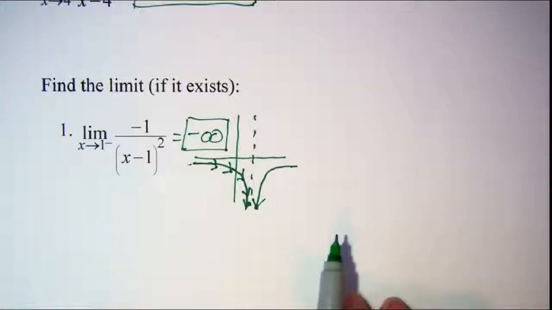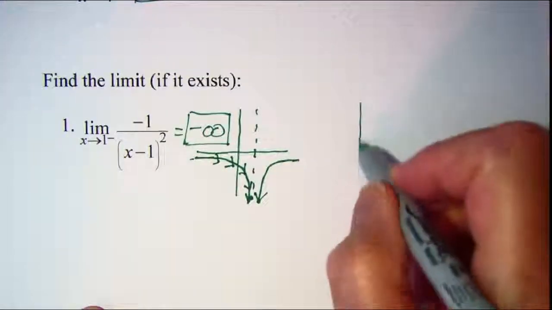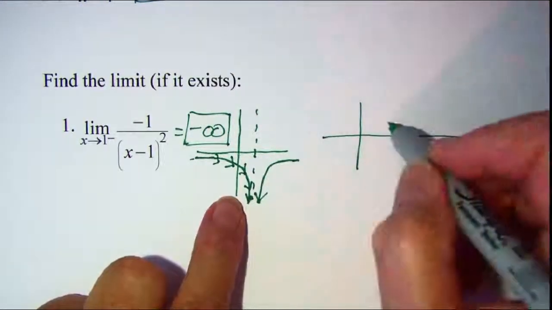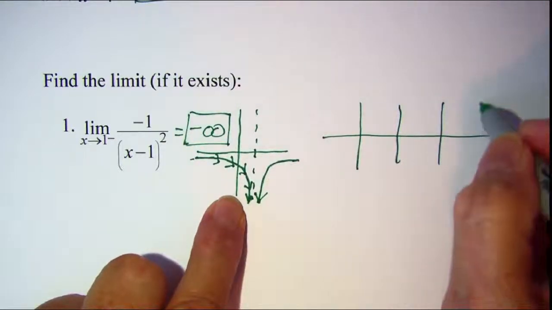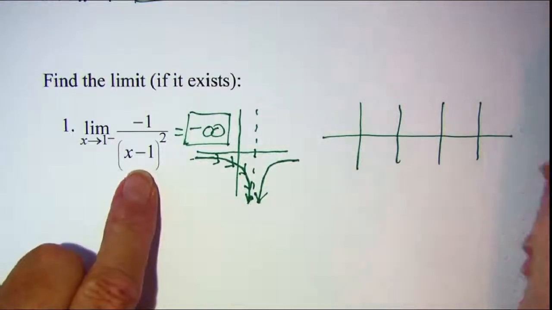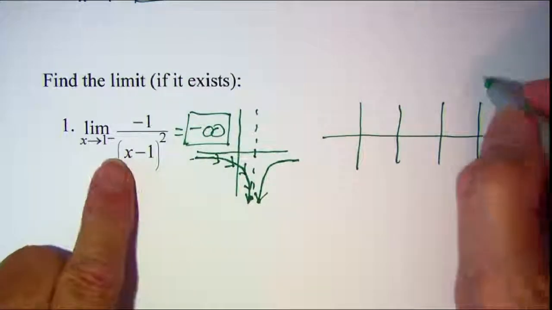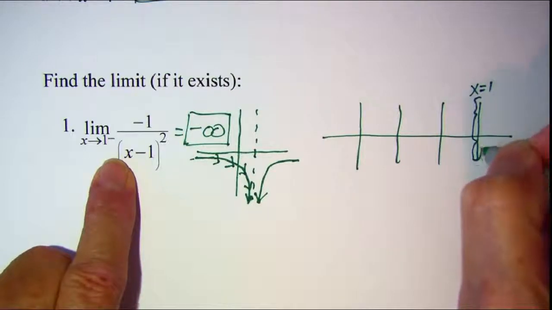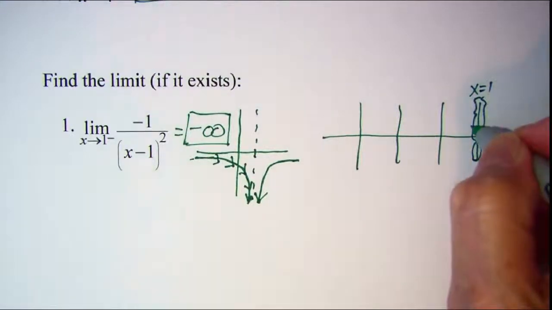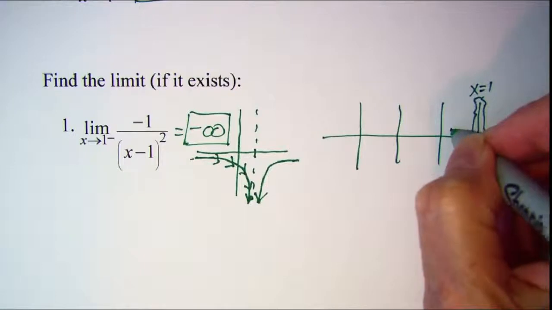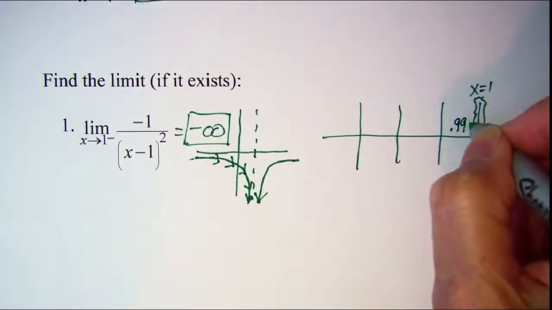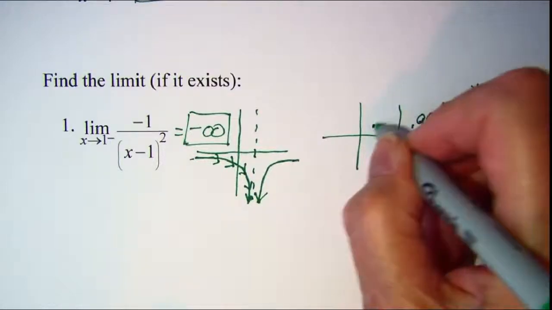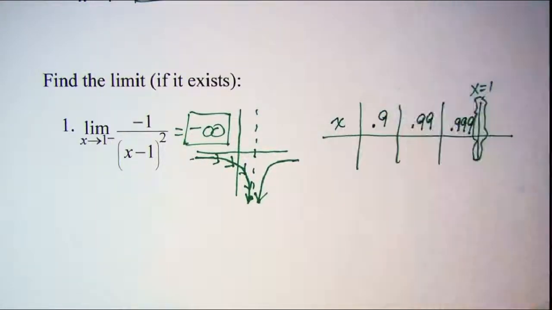Now if we wanted to analyze this limit with a table, since we're approaching from the negative direction, we'll let this be x equal 1 right here. And so we would have 0.999, 0.99, and 0.9 as x values.